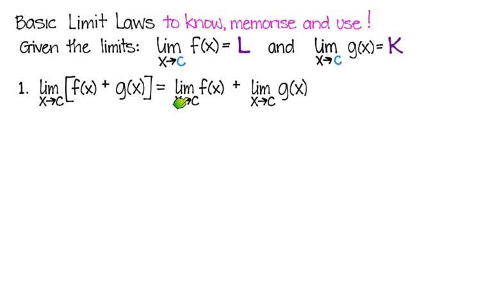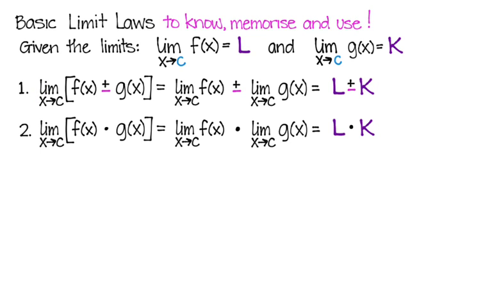Since the limit as x approaches c of f of x is L, and the limit as x approaches c of g is k, we just do L plus k. Now this is for addition. It's the same thing for subtraction. If we had a limit of a subtraction, then it's the subtraction of the limits, and we'd have L minus k. So that's kind of like rule 1a and rule 1b.